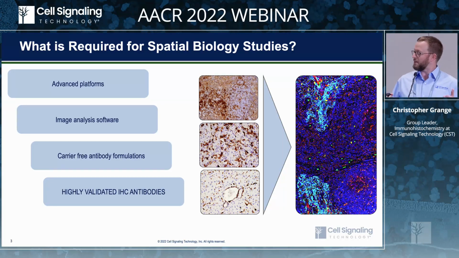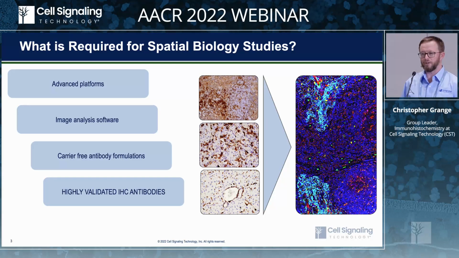And so I'll just note that at CST, we have the ability to offer nearly 100% of our monoclonal antibodies in our catalog in carrier-free formulations. And I will also note that antibodies that are well validated in FFPE tissue using chromogenic IHC are very, very likely to work in any spatial imaging panel and on any of the various platforms.